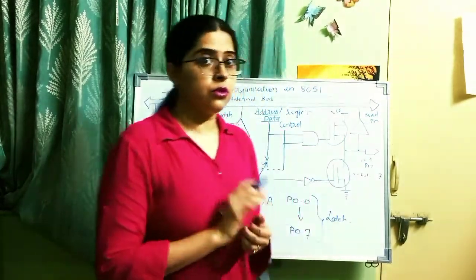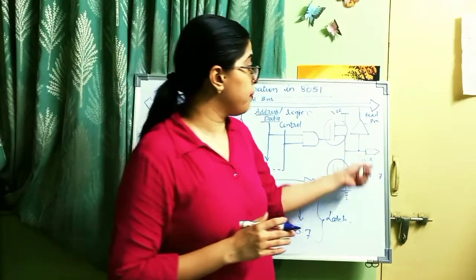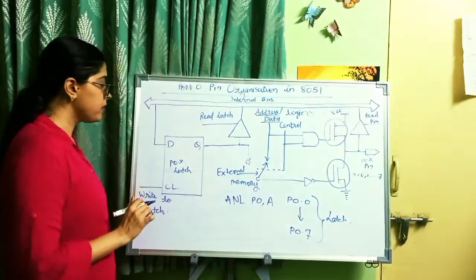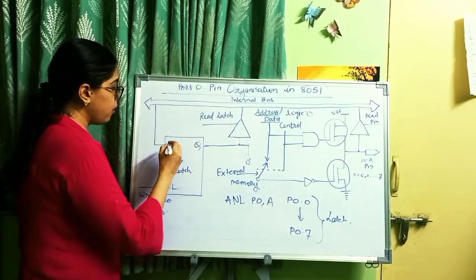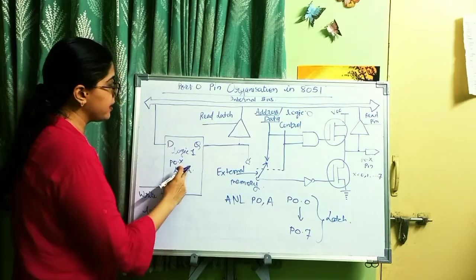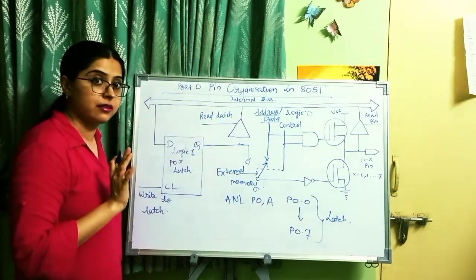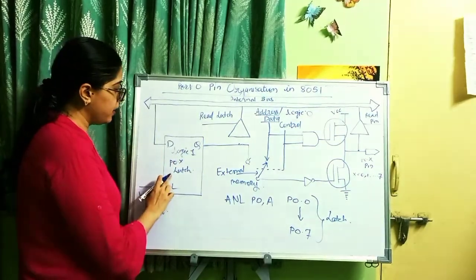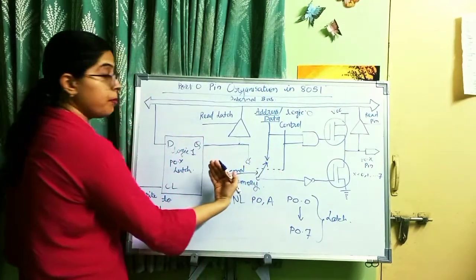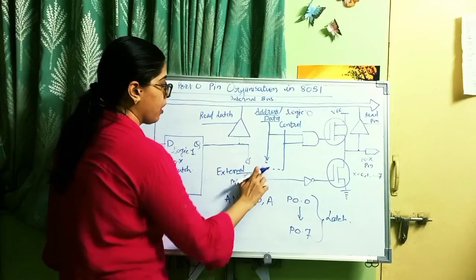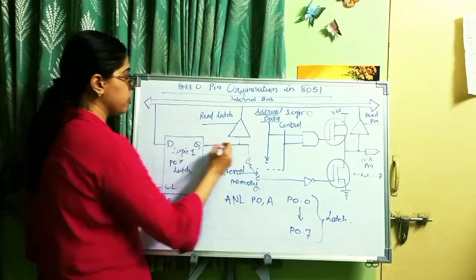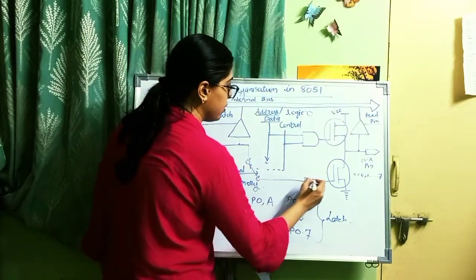Now suppose I want to make the port 0 pins input pins. What will I do in that case? Suppose logic 1 is latched inside this D latch via the internal bus. In that case, when D is logic 1, the multiplexer moves to the previous position, and this logic 1 will be carried like this.